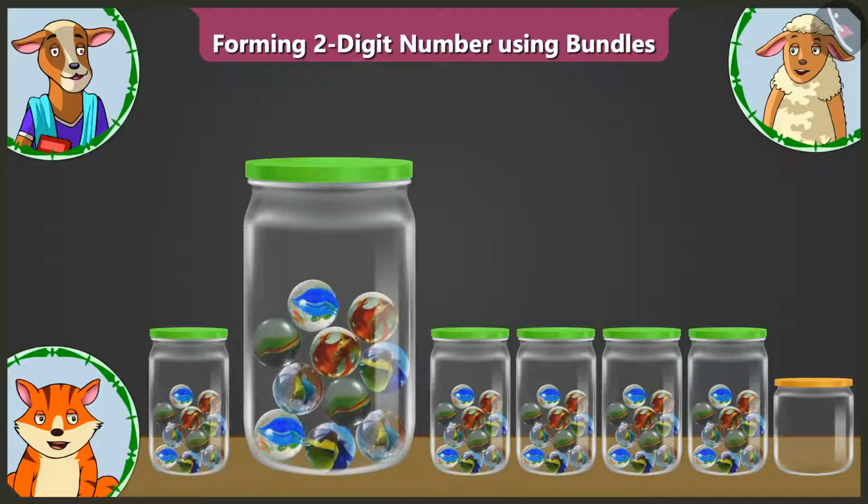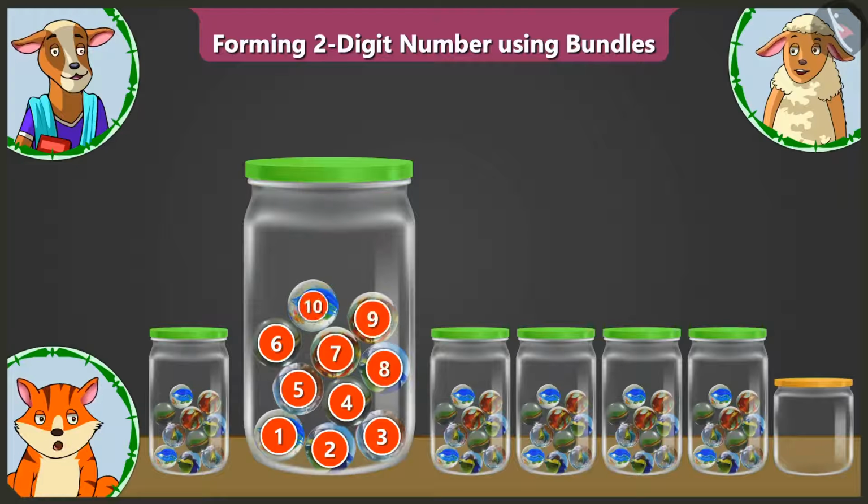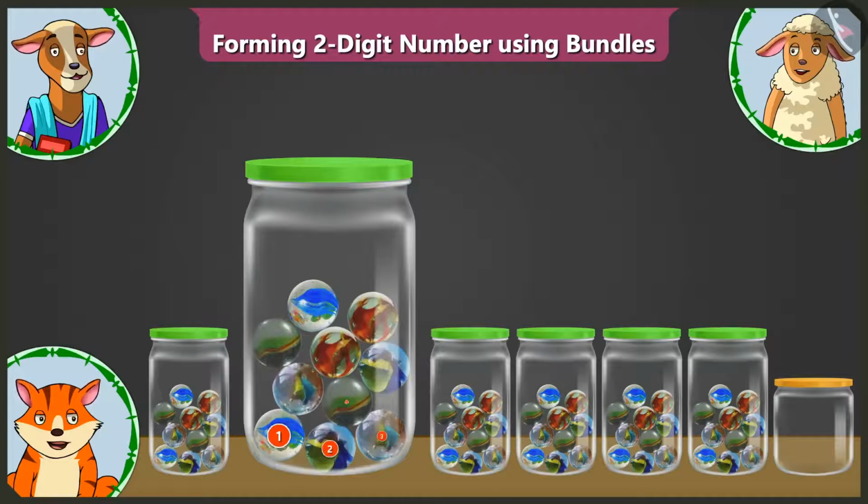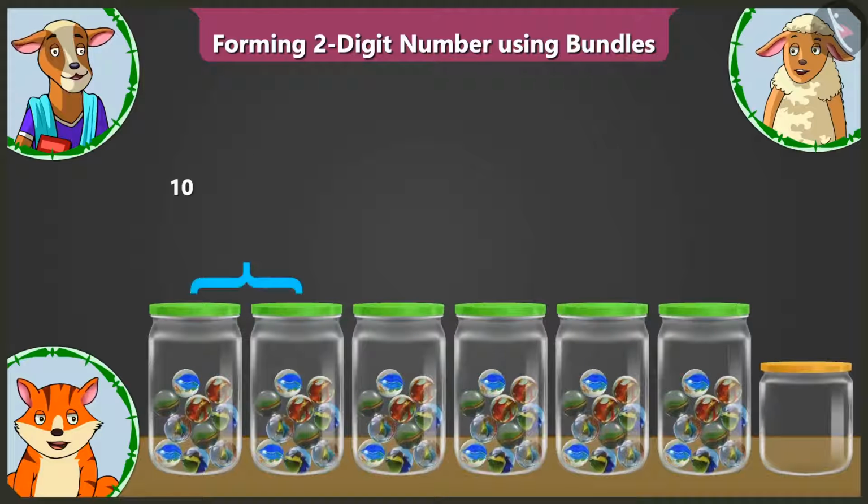Billy, you count the marbles in the second jar. Yes, ma'am. In the second jar, there are 1, 2, 3, 4, 5, 6, 7, 8, 9 and 10 marbles. Yes, that is correct. So there are 10 and 10, 20, two groups of tens.